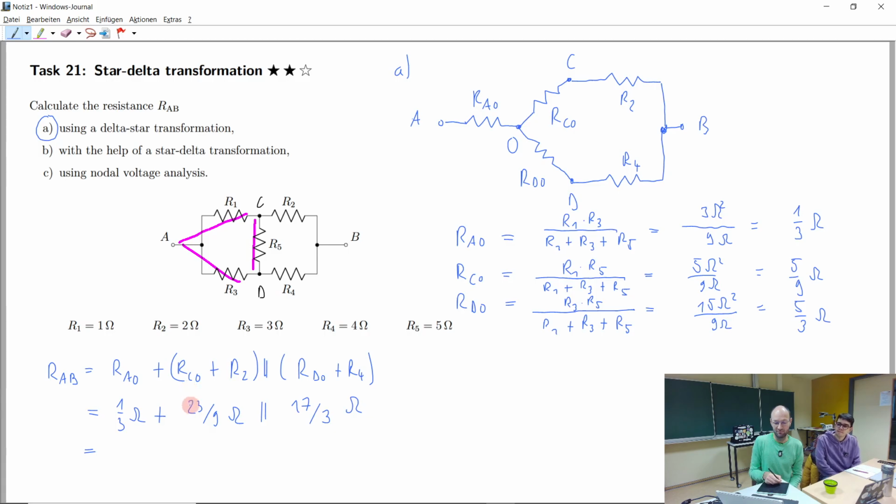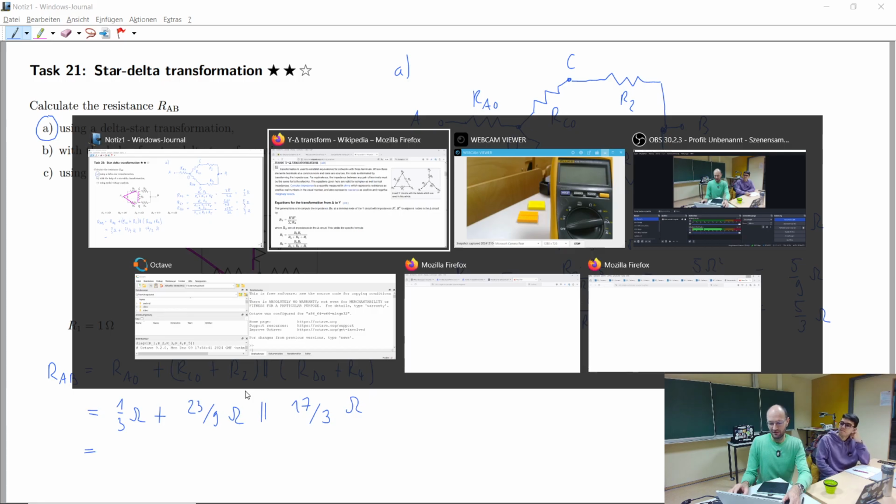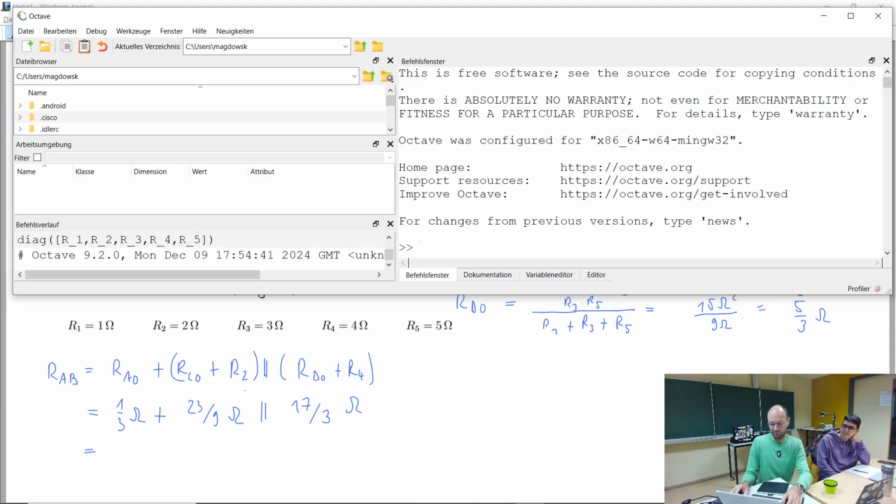But 23 is a prime number, 17 is a prime number, so I think at the end, at least at this time of the day, to be honest, I cannot do such calculations in my head. So let's write a short function in Octave that does the calculation of parallel resistors for us.